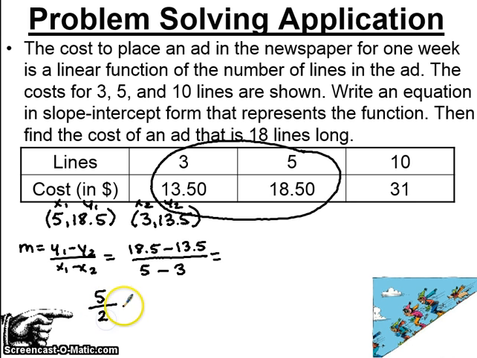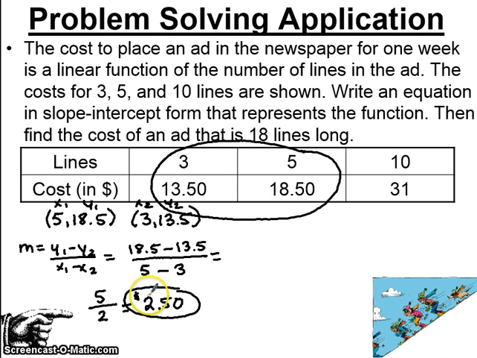So we have 5 over 2 as our slope. Now, you could simplify that to 2.5 if you want, because we are talking about a cost. We're talking about money, so it makes sense to simplify it to a decimal because money is a decimal.